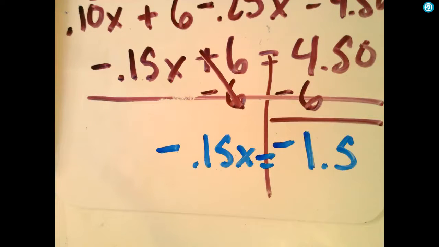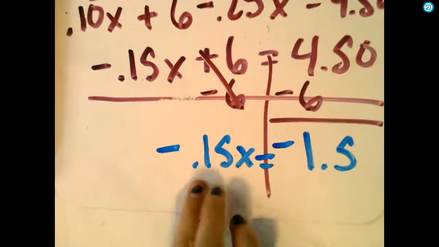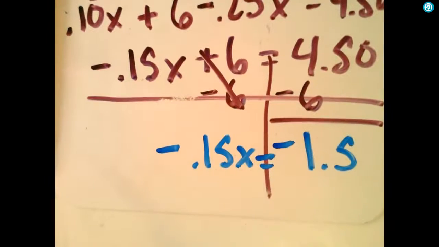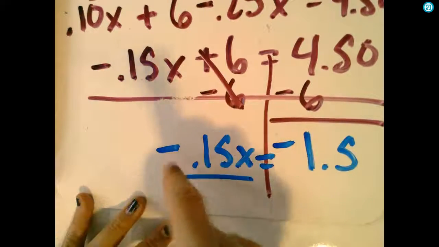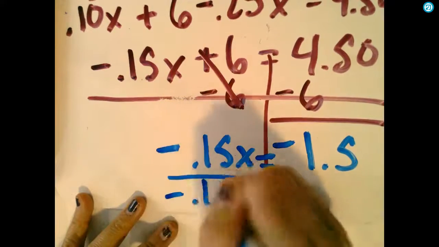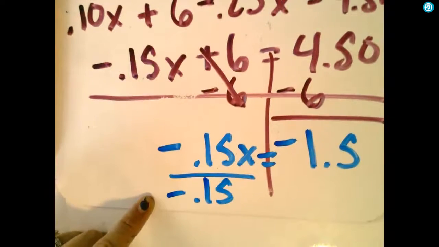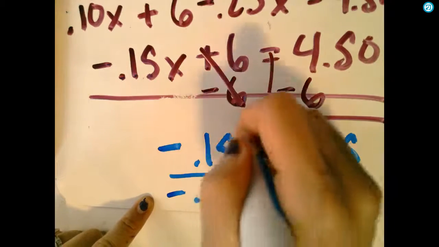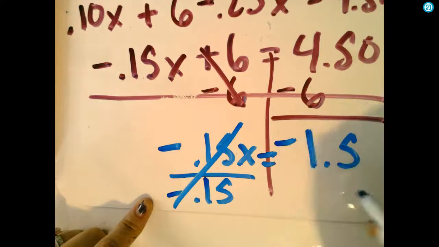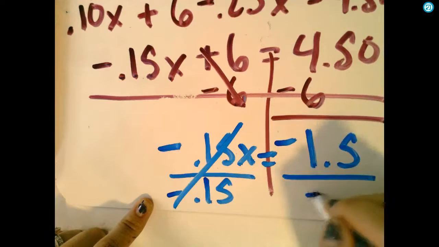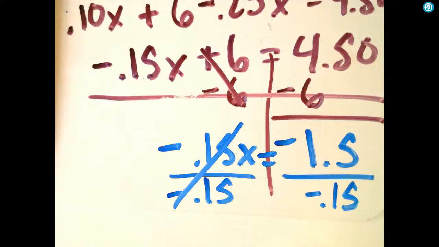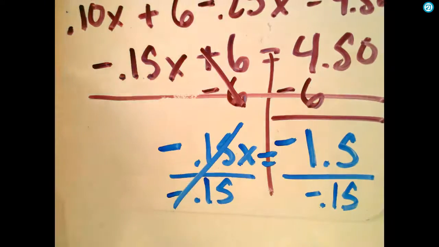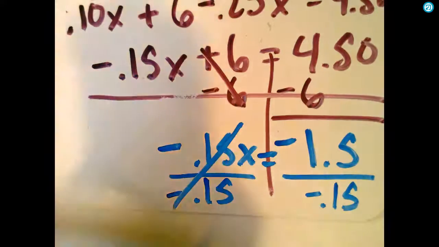All right. The last step, I've got to get rid of the 0.15 that's being multiplied by x. So I'm going to divide by a negative 0.15. A negative divided by a negative is positive. These are just going to cancel each other out. We have to do the same on the other side. Negative 1.5 divided by negative 0.15.